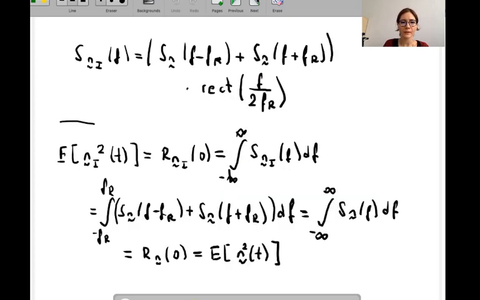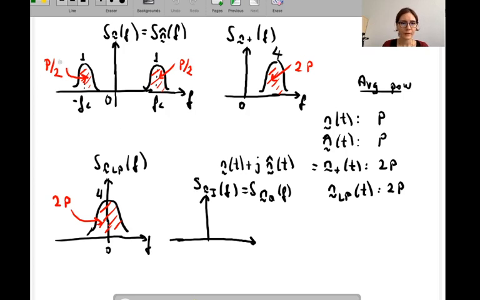So basically you take the left one, becomes the blue one in here, so let's just plot. It's exactly the copy of one part shifted to the left and the other one shifted to the right. So it will become something like this. But the same factors are kept, right? There's no amplification factor. And S n I of f, which is equal to S n q of f, is the sum of these. I'll maybe pick another color for that. Let me pick another one, green, let's say. So this.